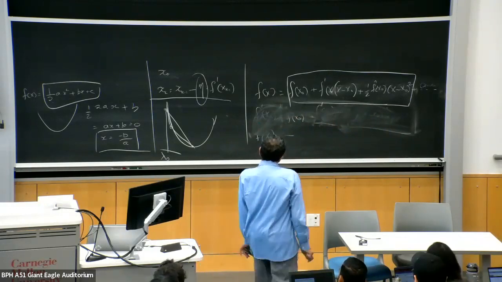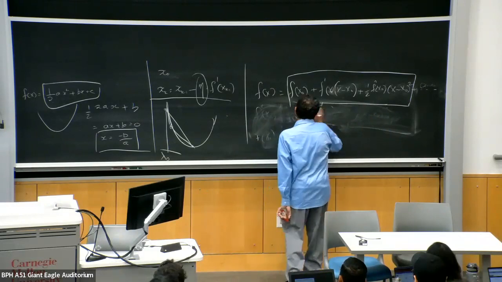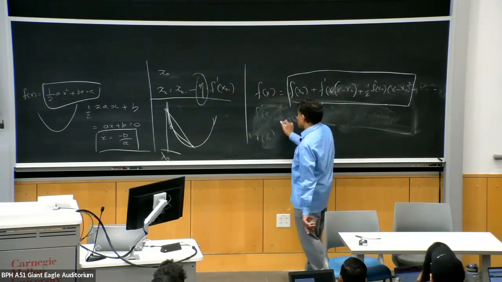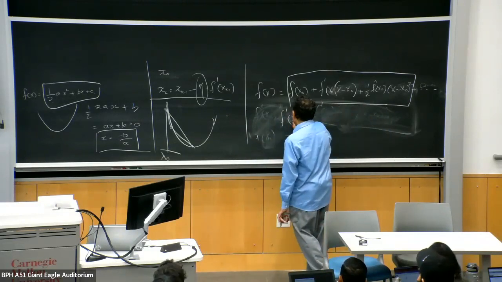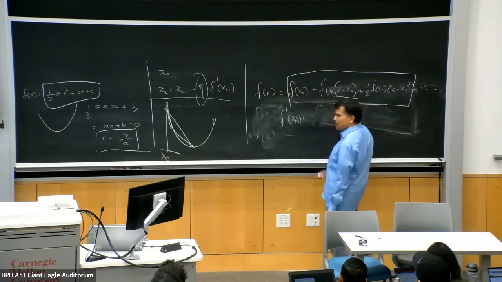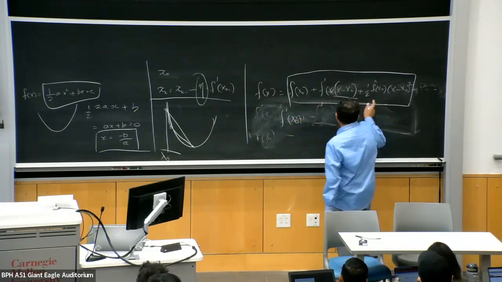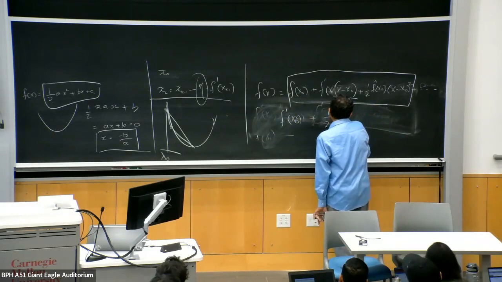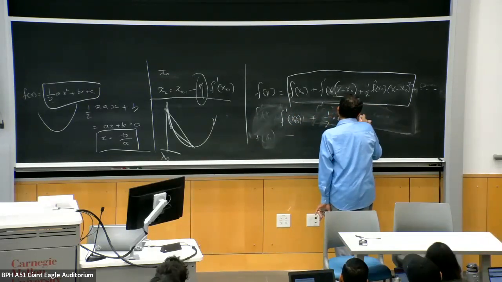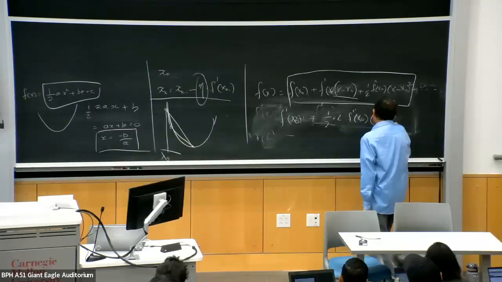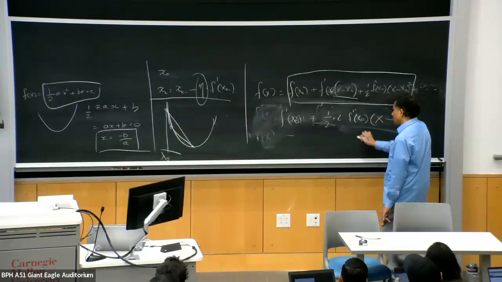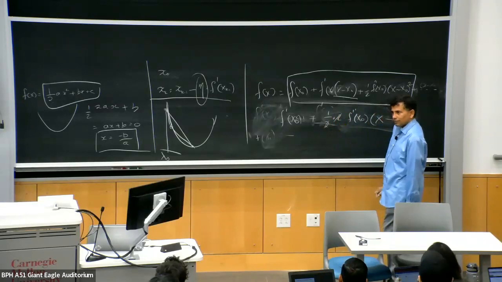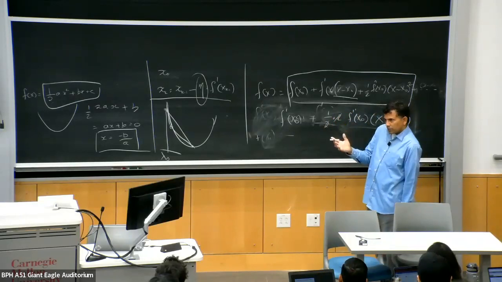If I differentiate this with respect to x, what do I get? The first term becomes f prime of x0 because this goes away, right? And the second term becomes plus half times 2 times f double prime of x0 times (x minus x0), correct? And these will cancel. Everybody with me?